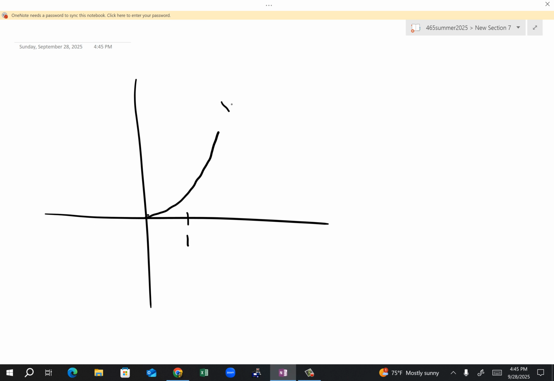Here is y equals x squared. If I wanted the rate of change here at 1, what could I do? Well, I could pick a point over here, like 1.05, and I could graph this line. But notice that this line will actually cut through the graph.